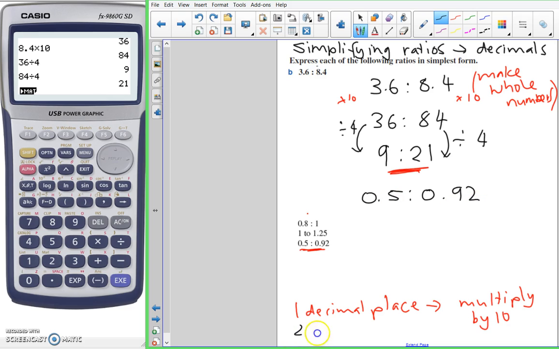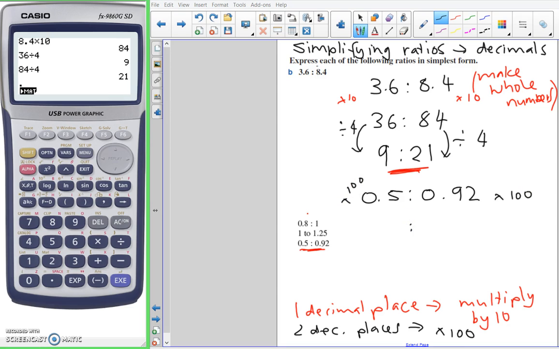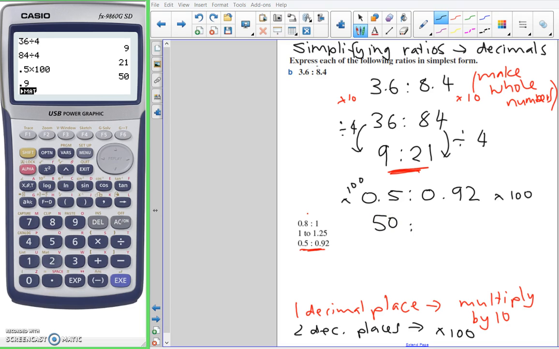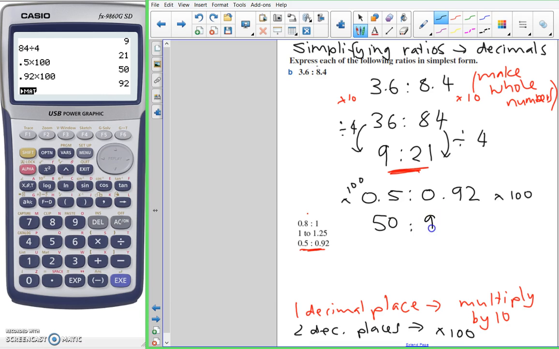With 2 decimal places, we multiply by 100. So we need to multiply that one by 100. Because we've done it to one side, you do exactly the same to the other side. So 0.5 times 100 is going to give us 50. 0.92 in the calculator times 100 gives us 92.